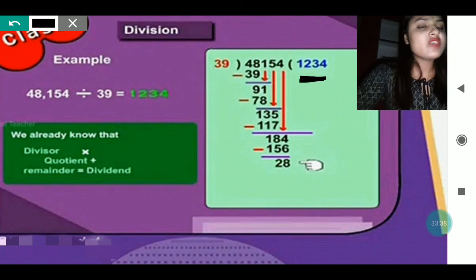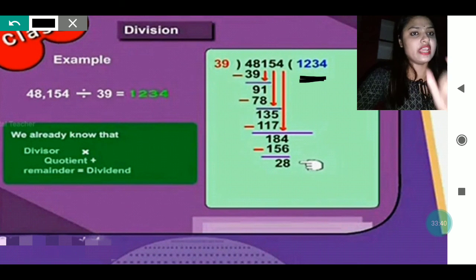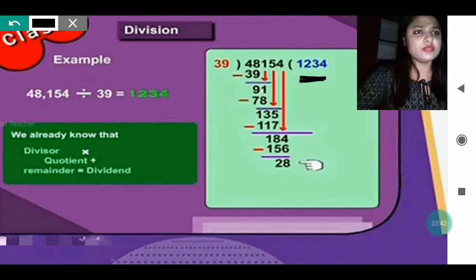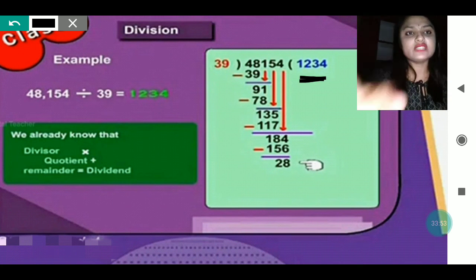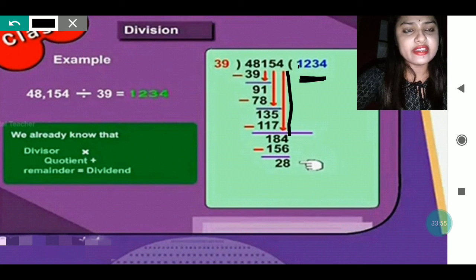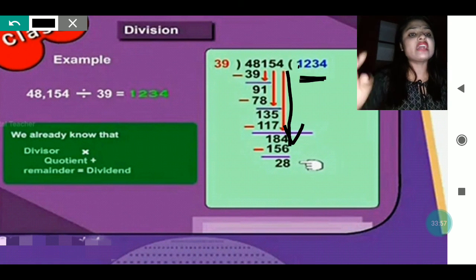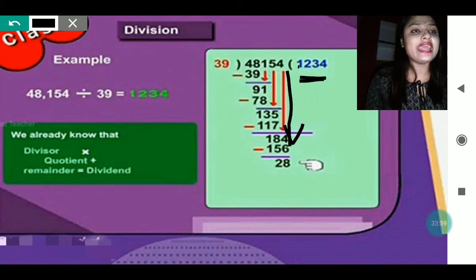Now the number which we have with us is 18. Is 18 divisible by 39? No, it is not possible, because 18 is smaller than 39. We cannot divide a smaller number. So the last digit which we have, that is 4, we will take down here. So it will be 184.